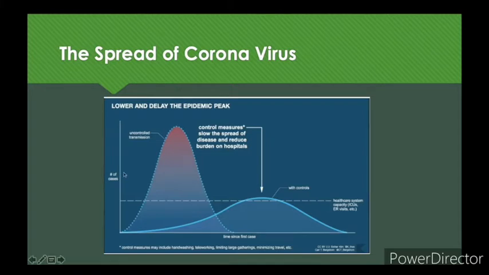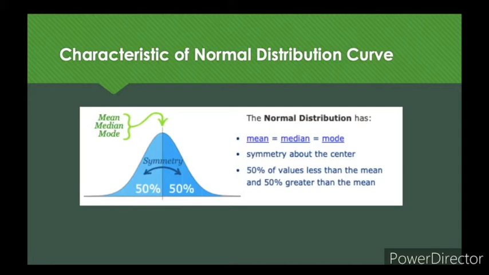This curve for the spread of coronavirus applies to a huge number of people, so that's why the graph of coronavirus spread can be represented as a normal distribution.